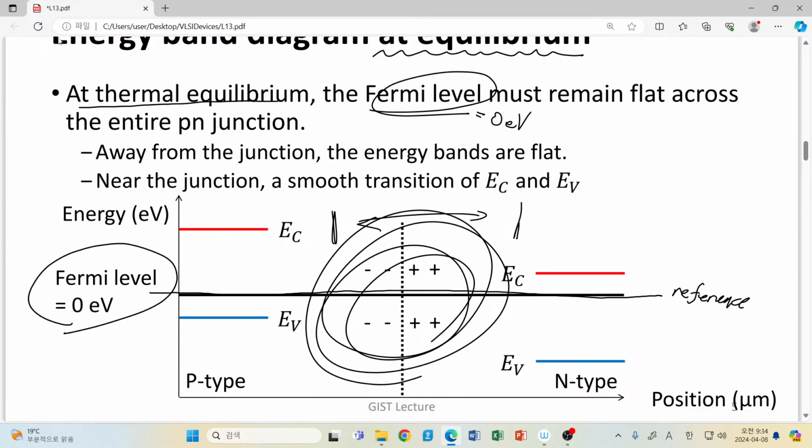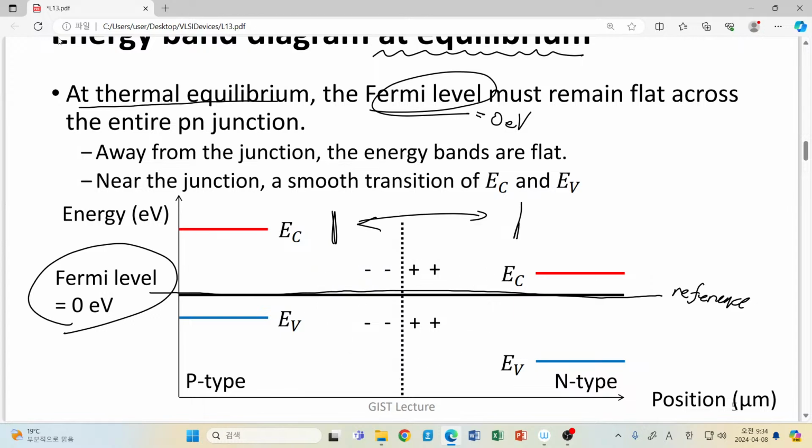Away from that junction, or even close to the position called the terminal, anode terminal or cathode terminal, our system is quite close to its local equilibrium case. That is the assumption we will have. So are you with me?